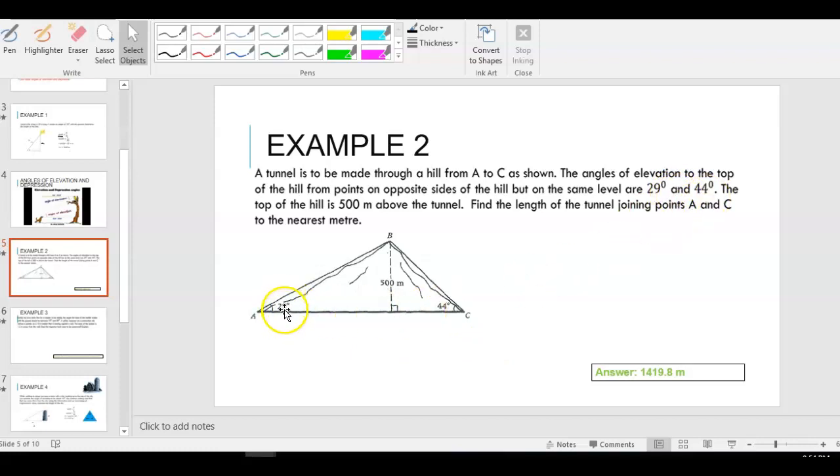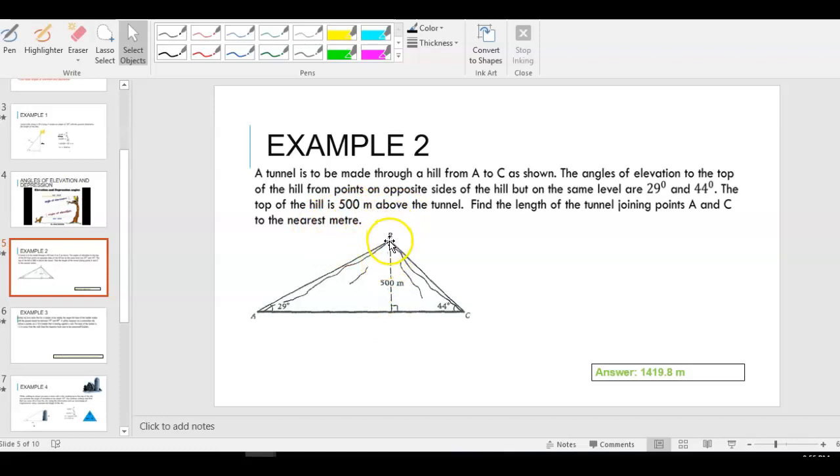So from point A, looking up to the top of the hill, the angle of elevation is 29 degrees, and from point C, the angle of elevation is 44 degrees. Again, it's this angle here because we're looking from the bottom to the top of the hill. The top of the hill is 500 meters above the tunnel.